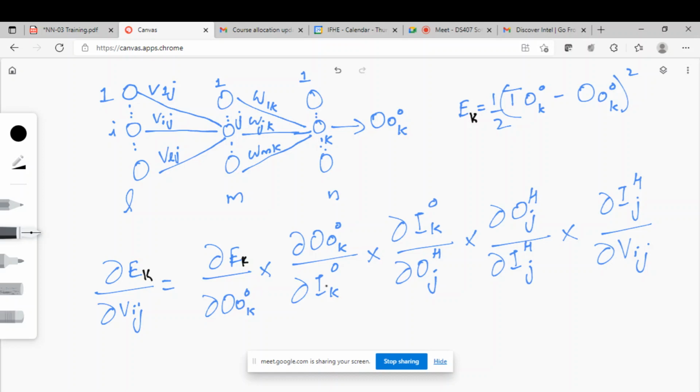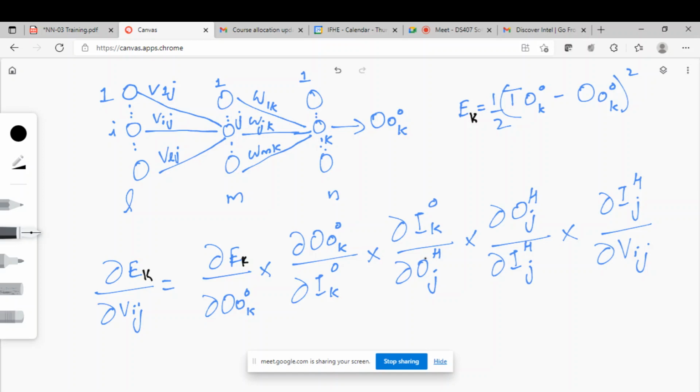Again, this output depends on the input, so we take the derivative of the output of the kth neuron with respect to the input of the kth neuron of the output layer. And this input depends on the output of the jth neuron of the hidden layer.